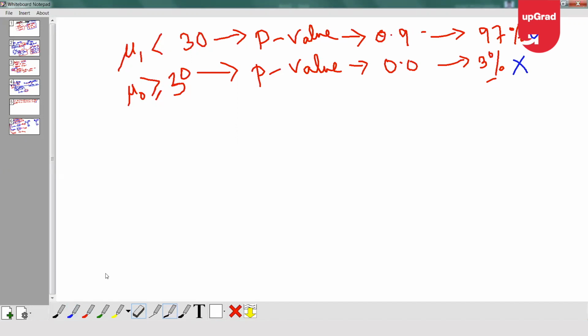And if this is the scenario, say 0.7 and 0.3, so the p-value is greater than 0.05 but not very high either, right?